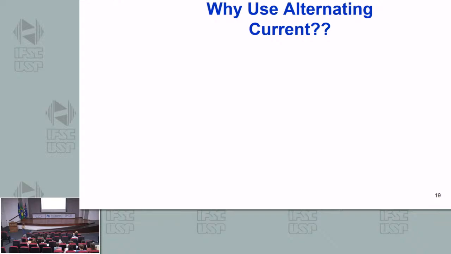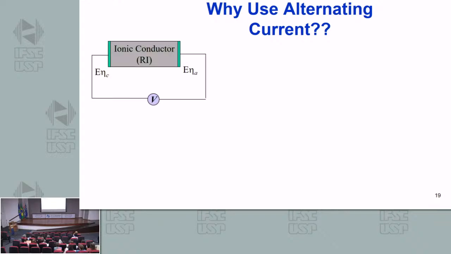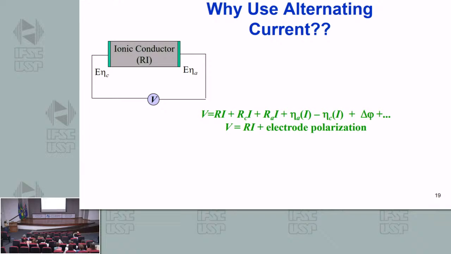Dealing with an ionic material, okay, I have here an ionic conductor. I will apply a potential. My wires here are electronic conductors. My ionic conductor is not an electronic conductor, or the electronic conductivity of my sample is negligible, so it is mostly an ionic conductor. Then, if I measure by applying Ohm's law here, V equals Ri, I will measure several things.